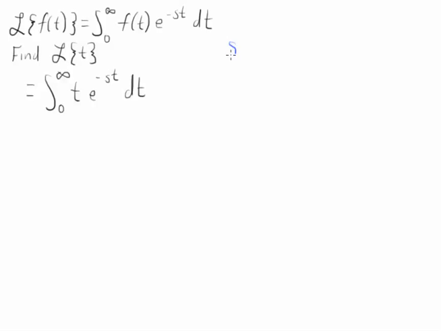So I'm going to go over here and I'm going to do some scratch. Just a reminder, here's our integration by parts formula. So I want to do that on this integral, let's do the indefinite integral.